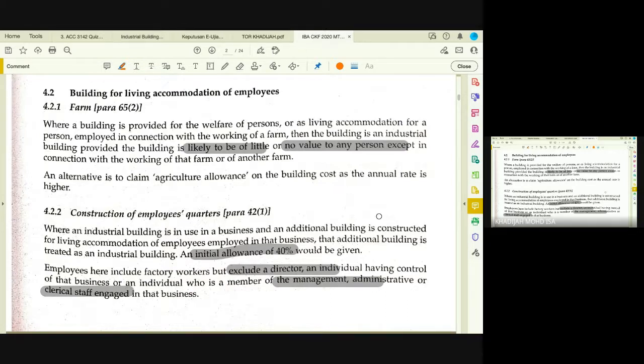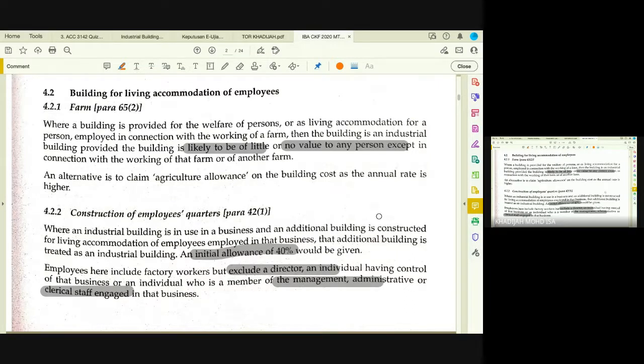But remember that in order for this to be an industrial building, the building is likely to be of little or no value to any person except in connection with the working of that farm. So it means that if you are not in the farming business, that building has no value, right? So that's it.